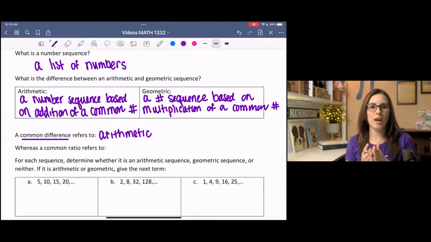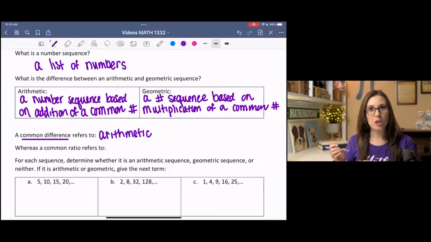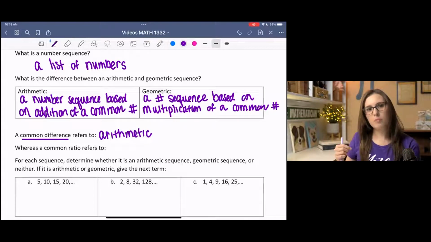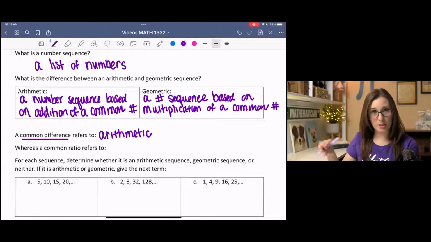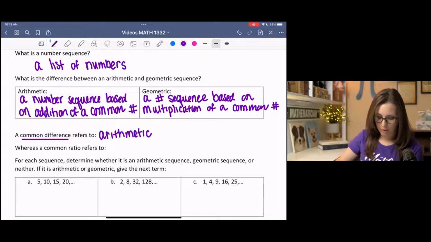It has to be adding the same exact number every time. Same for geometric. It has to be multiplication of the same exact number every time. Now, geometric may disguise itself as division in your mind, but technically division is multiplication by a fraction. So even in the case where it looks like division, where it's decreasing each time, you're actually multiplying by a fraction instead. So just keep that at the front of your mind.